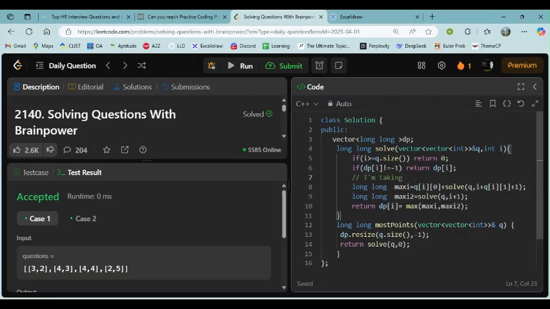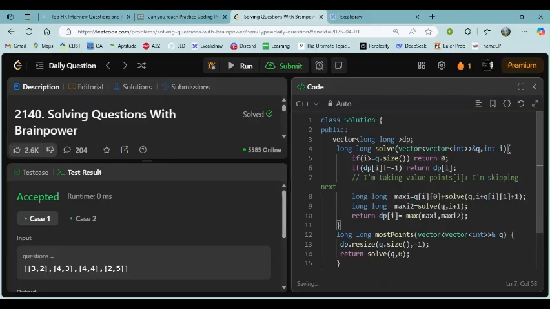So why am I doing this? I am taking the value points of i and I am skipping the next q[i][1] problems.